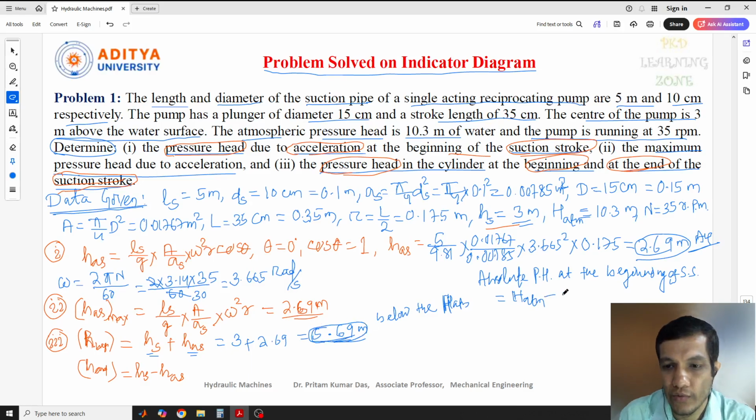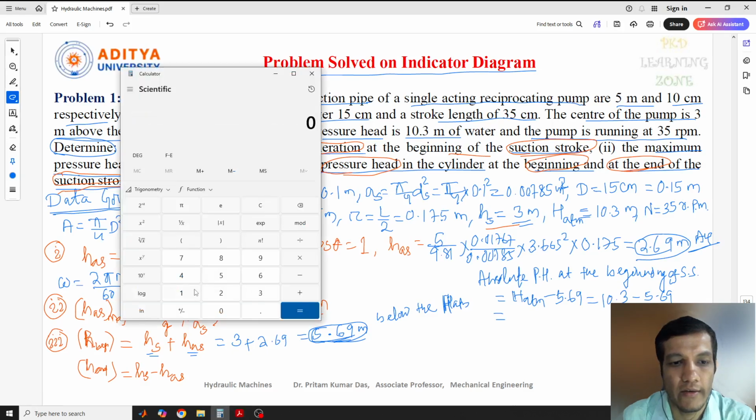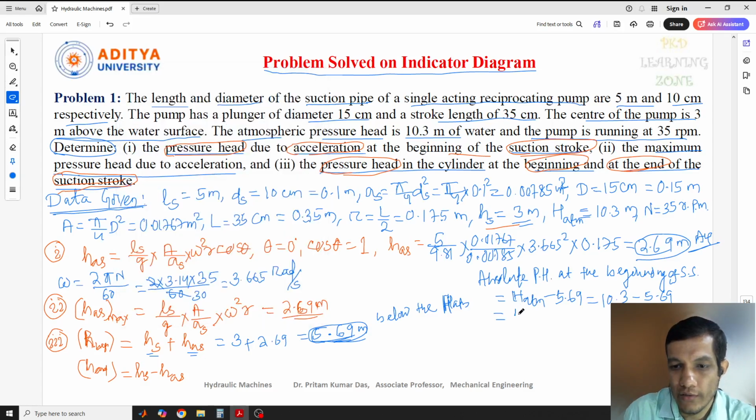H atm is 10.3 minus 5.69. Calculating, we get 4.61. This is the answer, 4.61 meter. This is the first one.